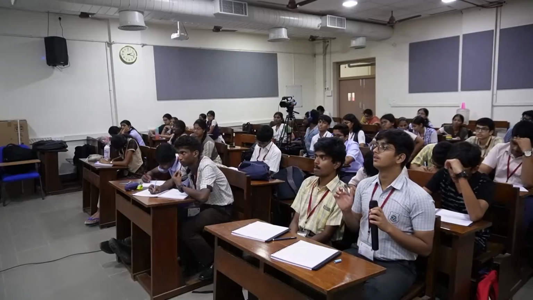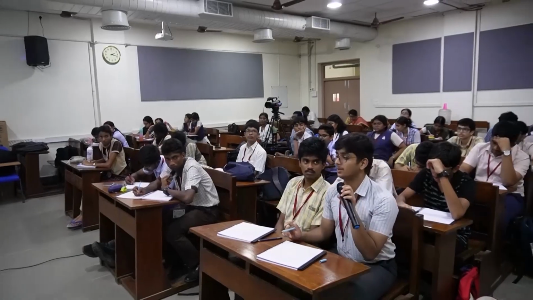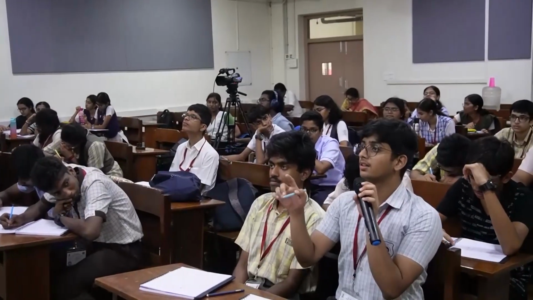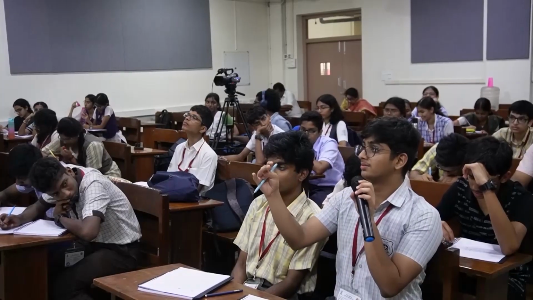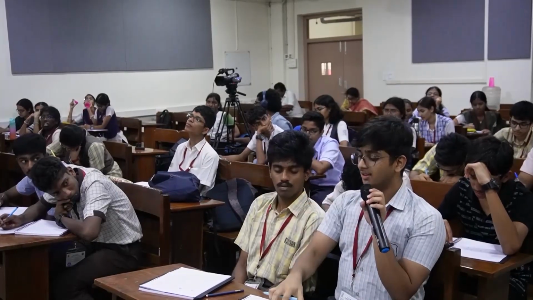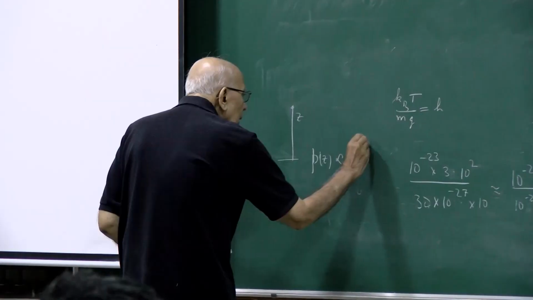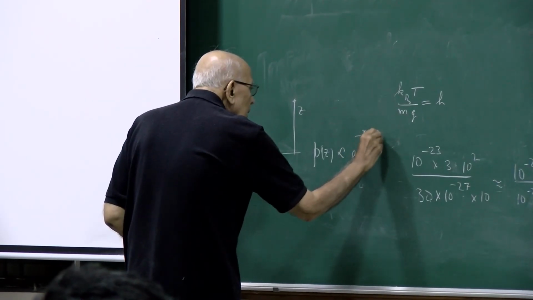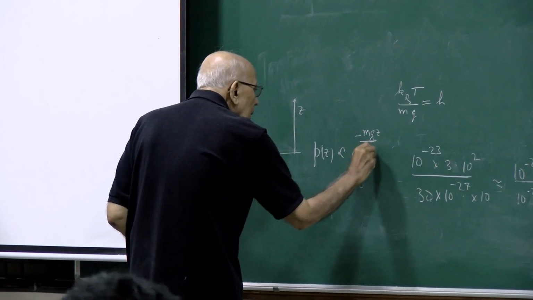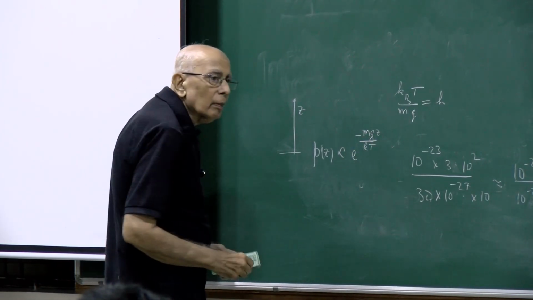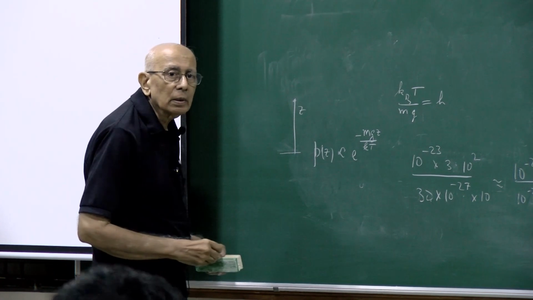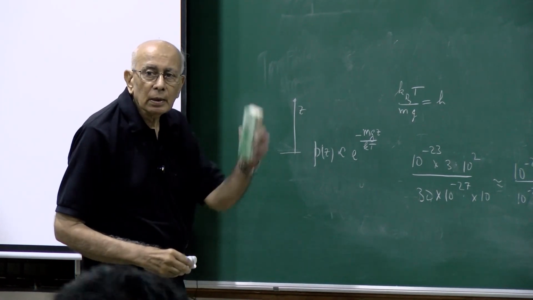That requires a little bit of statistical mechanics. The probability that the molecule exists at a height z above the ground, P of z, the probability density, is proportional to e to the power minus mgz over kT. It's called the barometric distribution. The density decreases exponentially.